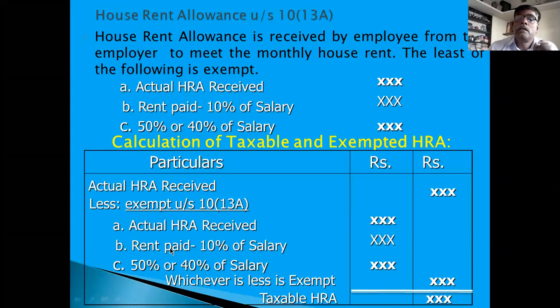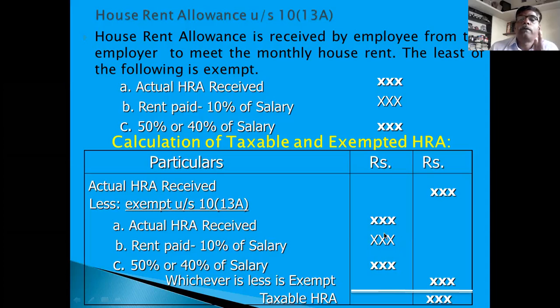Sometime rent paid is less than 10% of salary. If rent paid is less and 10% of salary is more, then you don't write the difference in the minus. You put 0 in the second point.